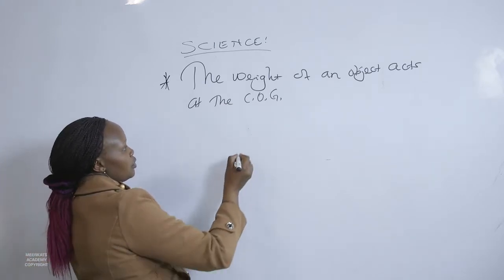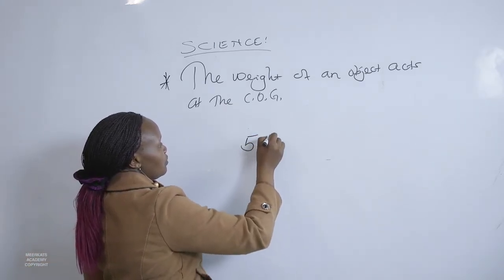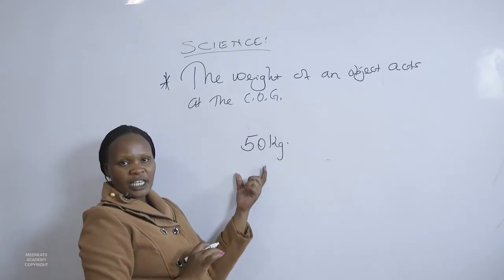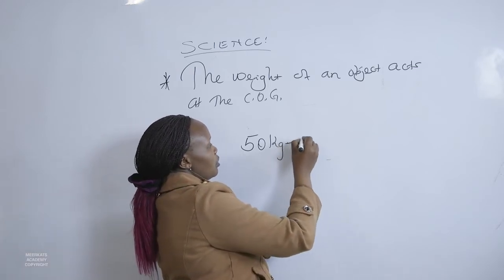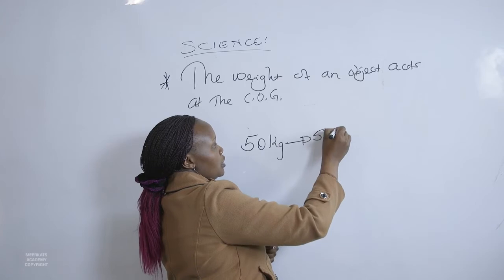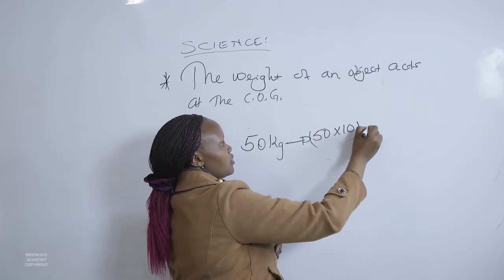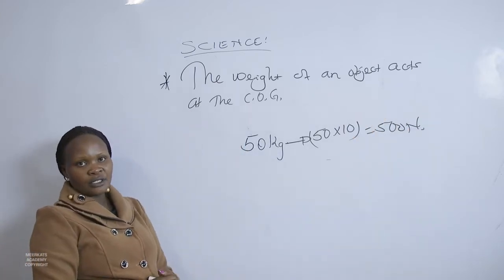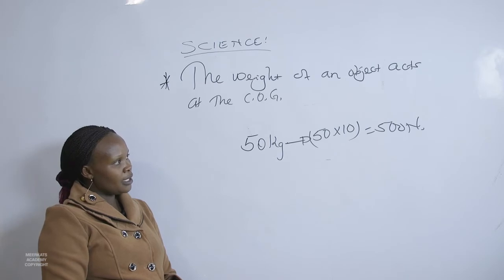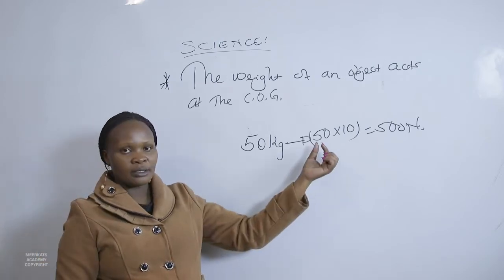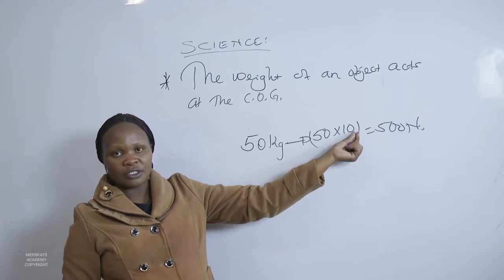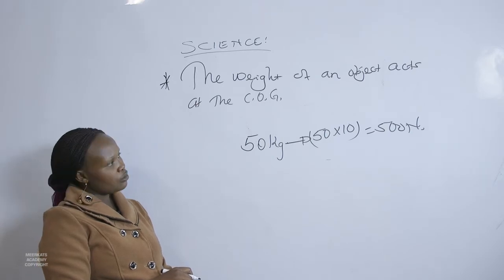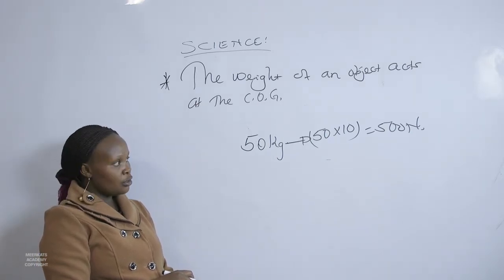Let us say, for example, you are 50 kgs by mass. If you are 50 kgs by mass, it means that your weight will be 50 times 10, which gives 500 newtons. 500 newtons is your weight, because we take the mass and we multiply by the gravitational influence on you. Now, the 500 newtons spells out your weight.